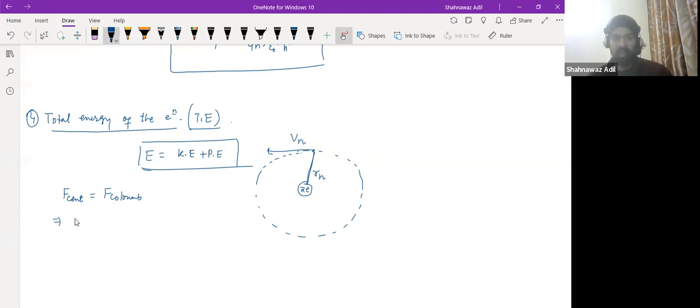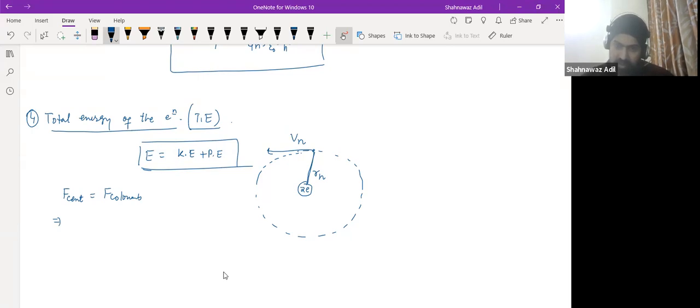Arsalan, what is centripetal force? Yes, this is moving in a circle. So what is the centripetal force? Arsalan, we have already done that in the nth orbit radius calculation.